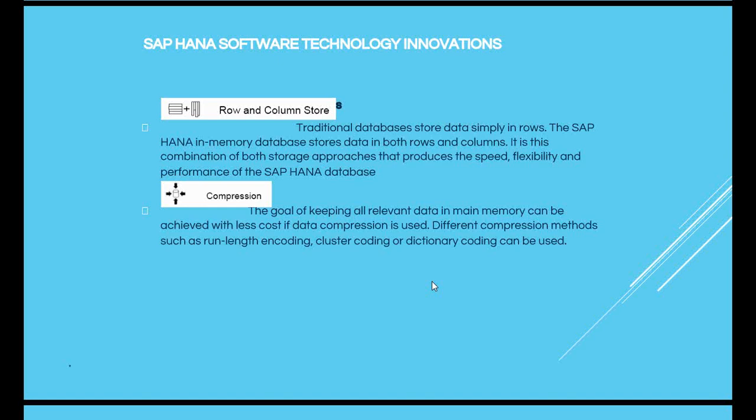Earlier, we used to store the data in the form of row-wise. But in HANA, we have the option of storing data either row-wise or column-wise. This combination gives us more flexibility. It also increases the speed and the performance of the HANA database. How? That we'll be discussing in detail when we go for the HANA architecture.